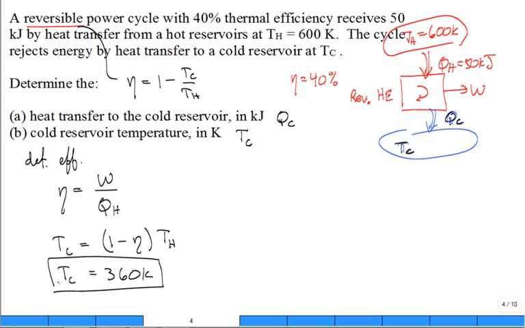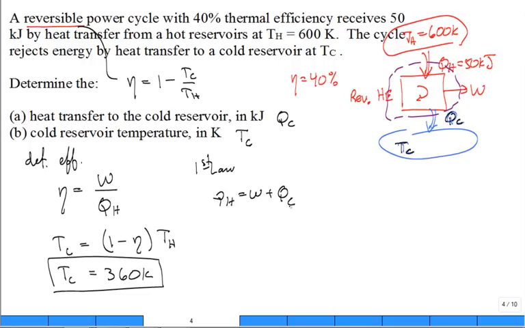How do I find the heat transfer to the cold reservoir? Well, I could think about using the first law for a control volume around the heat engine, that's the system, the heat engine. It has heat transfer in, heat transfer out, work out. And from the first law, we find that QH is equal to W plus QC.